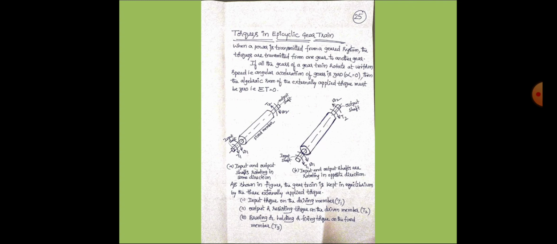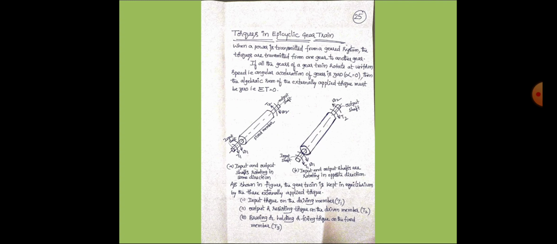After that, especially on epicyclic gear train, we have solved some 13 problems, including the question paper problems. In all the 13 problems, just using a velocity ratio formula, we have calculated the speed of the different elements present in the given type of gear train. So now, in addition to the speed, we can also calculate the torque.